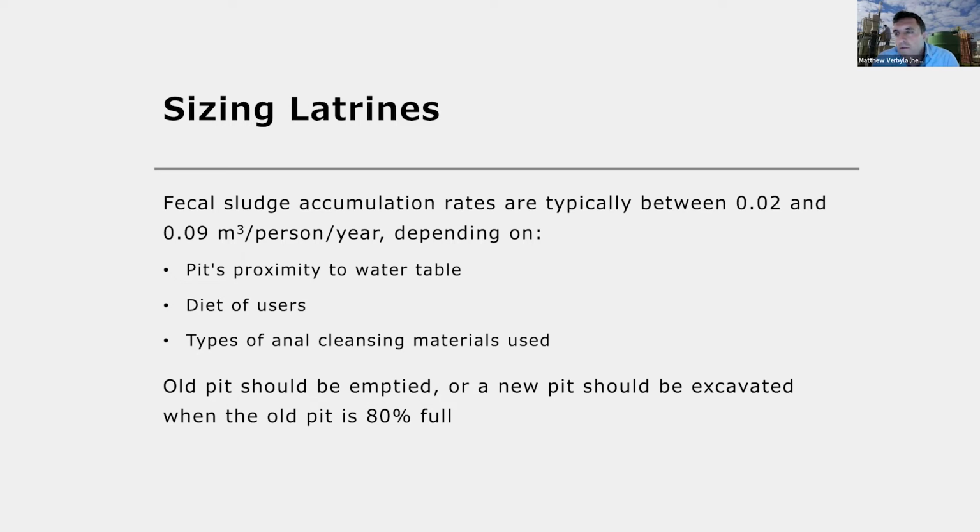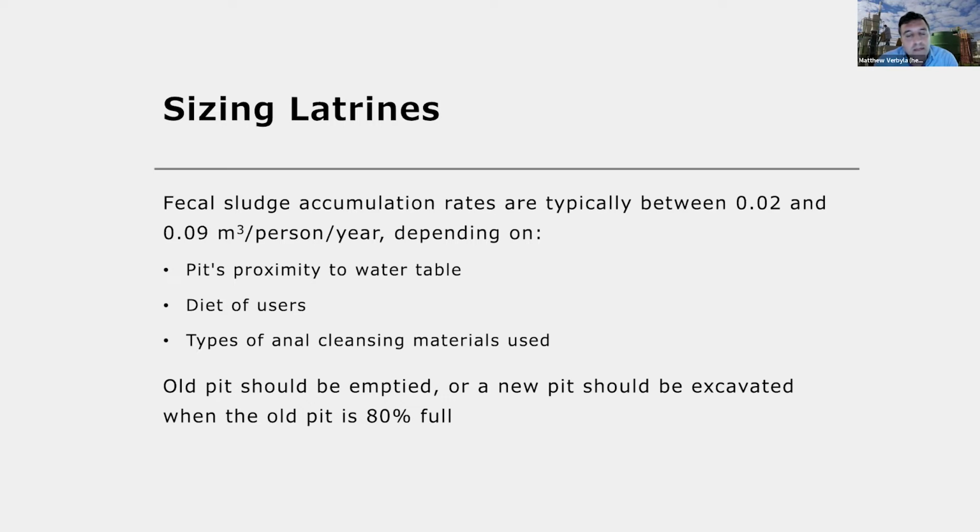However, we will do an example on the design of some on-site sanitation facilities like a latrine. So let's look at the approach that can be used to size a latrine. In sizing latrines, we use the volumetric fecal sludge accumulation rate, which is typically between 0.02 and 0.09 cubic meters per person per year.